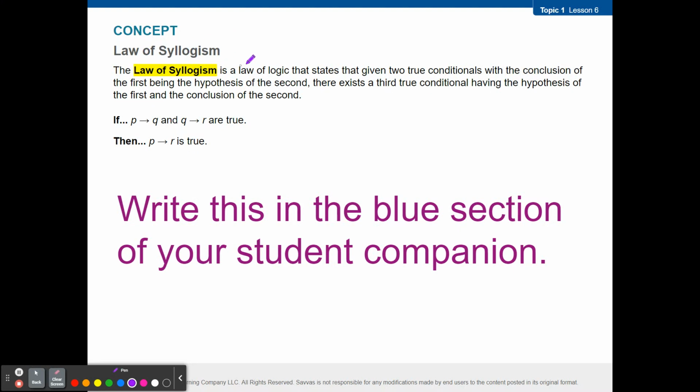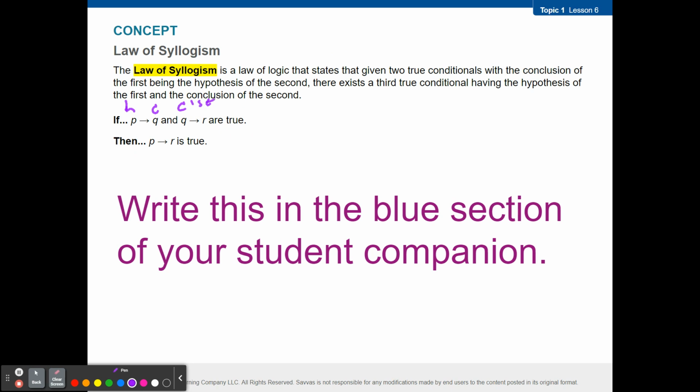The law of syllogism is a law of logic that states that given two true conditionals, with the conclusion of the first being the hypothesis of the second, there exists a third true conditional having the hypothesis of the first and the conclusion of the second.